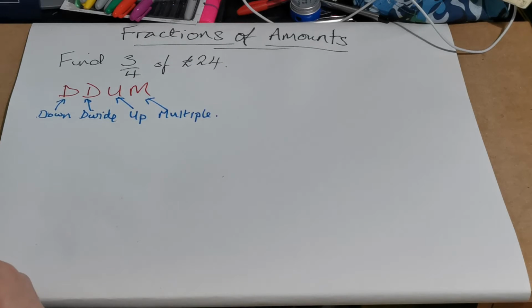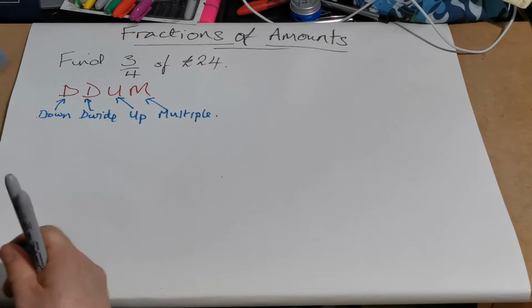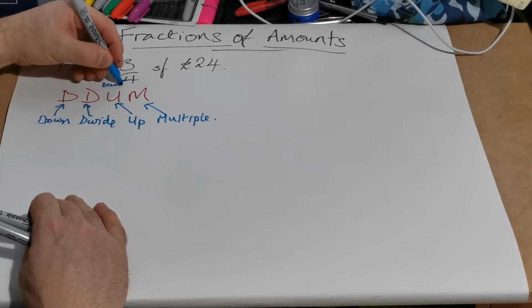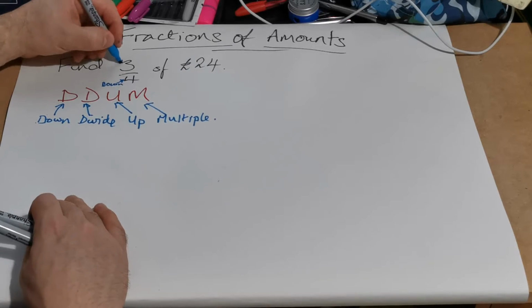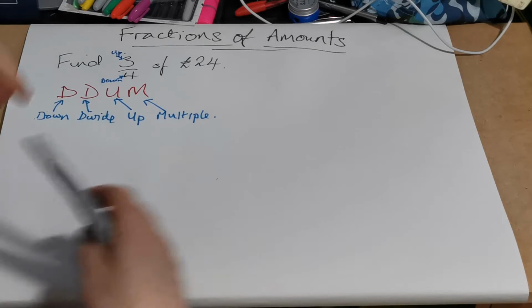And basically what that meant was they were going to divide by the bottom number, because that's down, and they were going to times by the top number, and that's the up one.